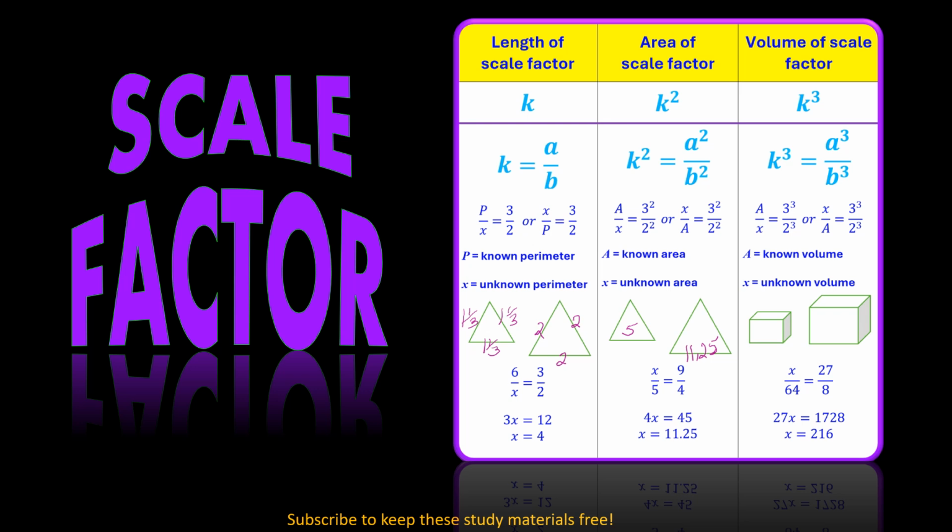If you look at how they set it up, 2 to the 3rd is 8, and 8 is associated with 64. That tells me that the smaller box is 64.